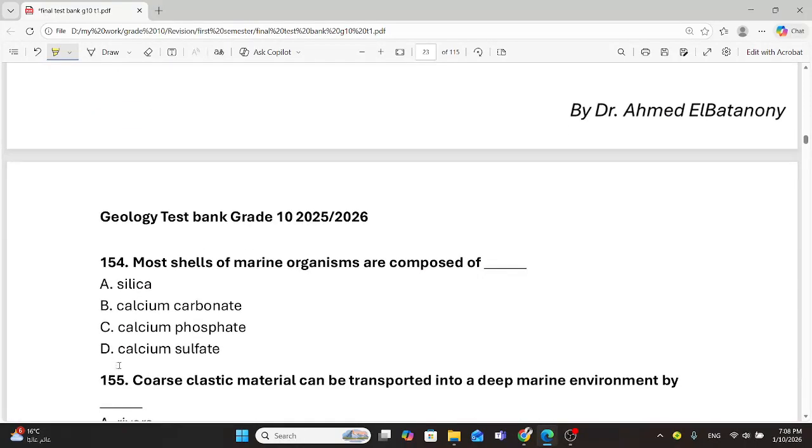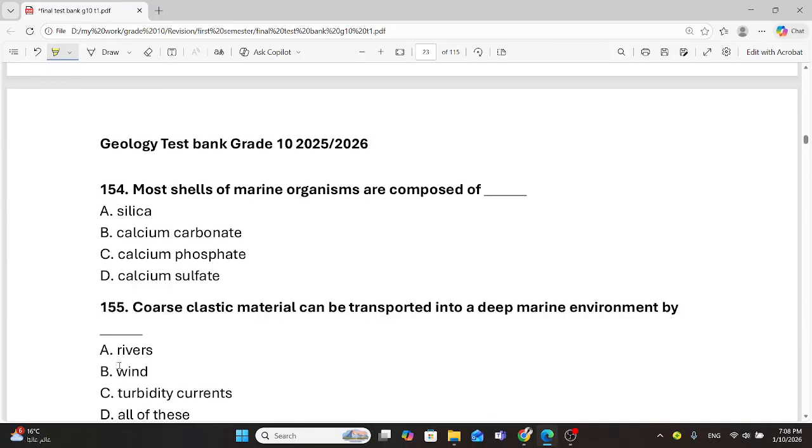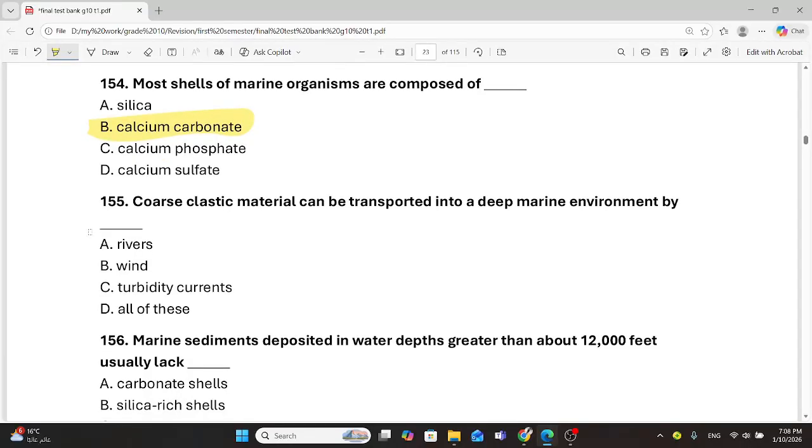طيب most shells of marine organisms are composed of silica لا، calcium carbonate. طيب calcium material can be transported into a deep marine environment by rivers ولا the wind ولا turbid currents ولا all of these. لا turbid currents.